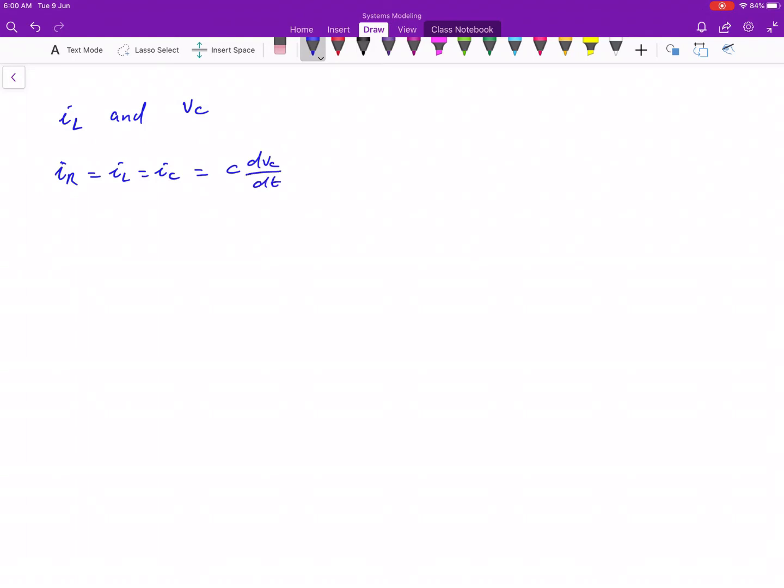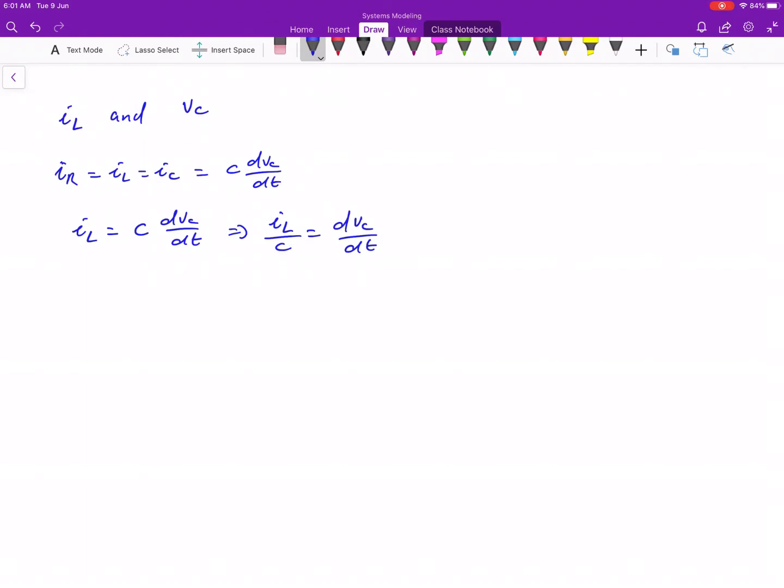And because we want IL, if I say IL is equal to C dVc dt, this implies that IL over C is equal to dVc dt.